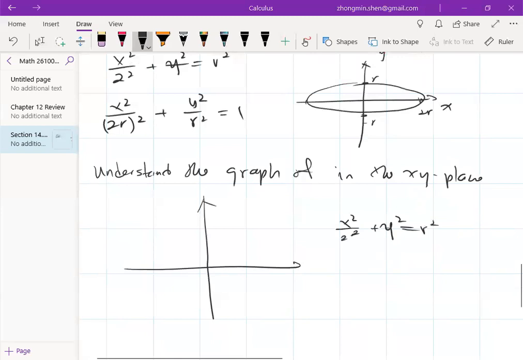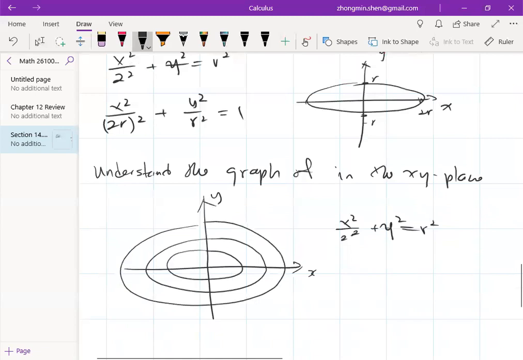I draw the ellipse, and then a smaller one and a larger one. For different values, when r increases the ellipse gets larger and larger. So r equals 4, here r equals 3, maybe here r equals 2.